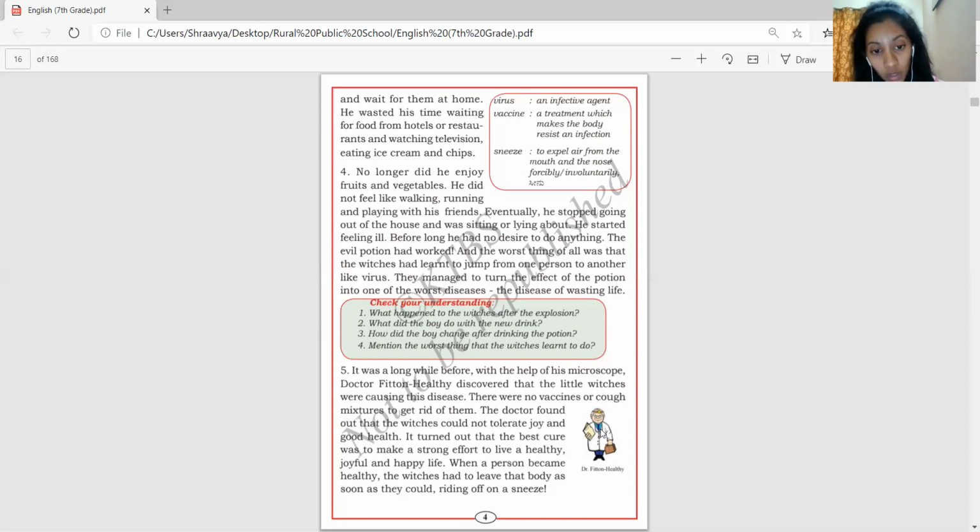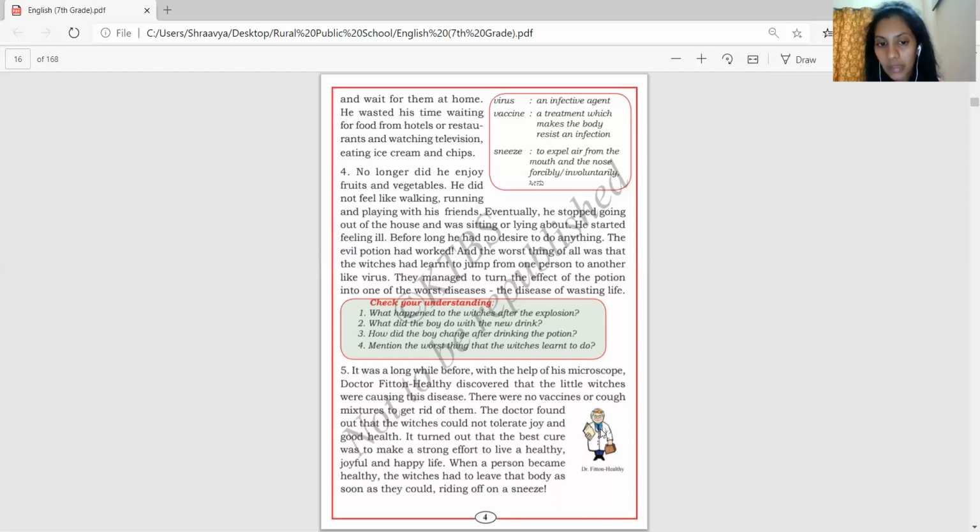The doctor found out that the witches could not tolerate joy and good health. So he saw that when people eat fruits and vegetables and exercise, they are in a happier mood. So he realized that this is what the witches don't want.